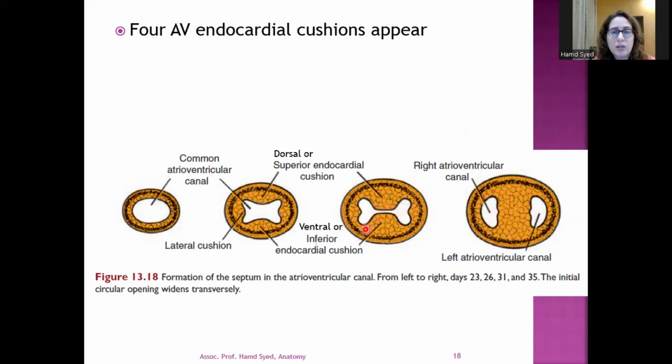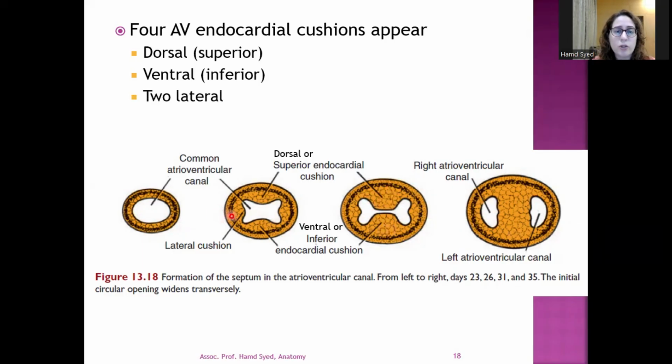Here we can see the ridges which fuse and make this separation possible are the superior and inferior endocardial cushions. The superior one is also called the dorsal endocardial cushion, and the inferior one is also called the ventral endocardial cushion. Two lateral endocardial cushions also appear, but they do not fuse and they are smaller in comparison to the superior and inferior ones.